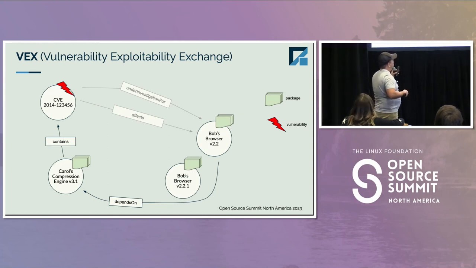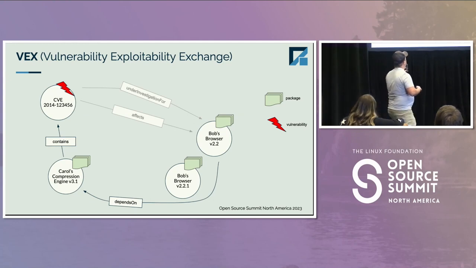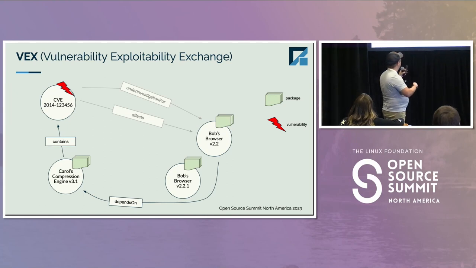So he releases v2.2.1 with a mitigation for the CVE contained in Carol's compression engine. But if you think about it, he's still shipping this as a component, so it may still show up in the scanners because it's still contained in there. Even though Bob has mitigated it in his piece of software, the CVE is still contained in his software.